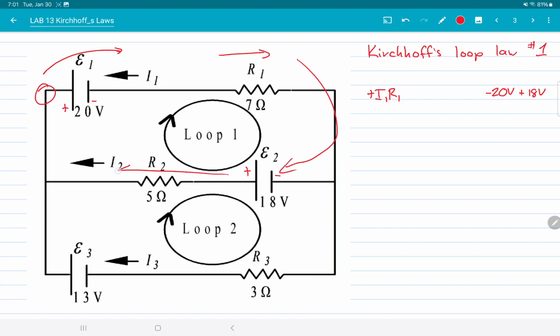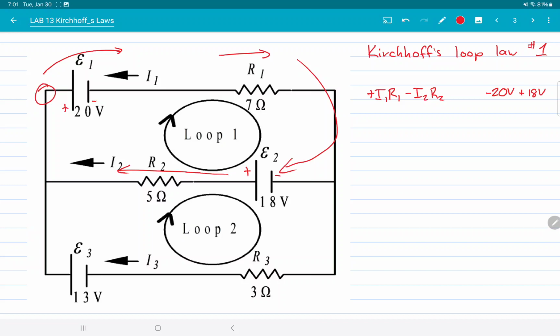As I continue to go across this resistor, I'm traveling in this particular leg of the circuit with current I2, and I'm going in the direction of the current, so it'd be minus I2 R2.